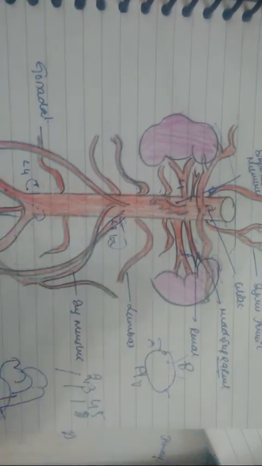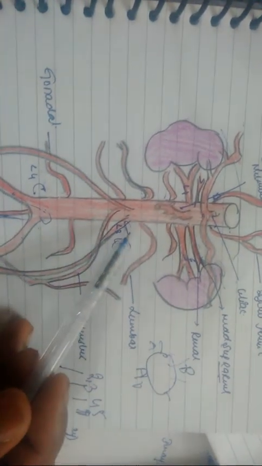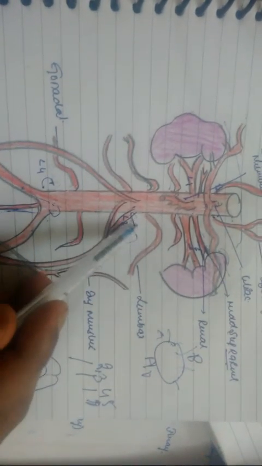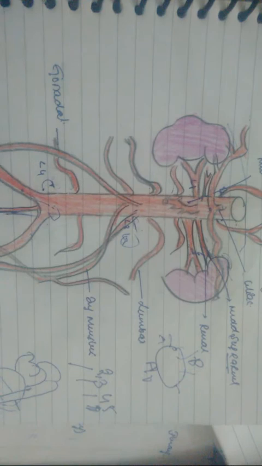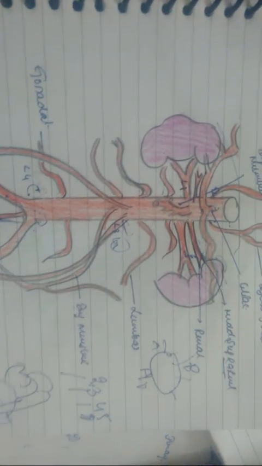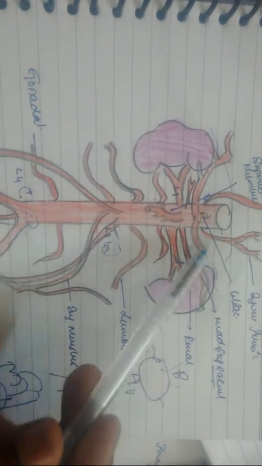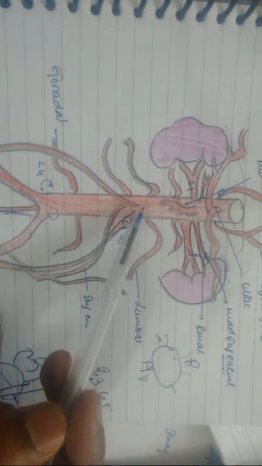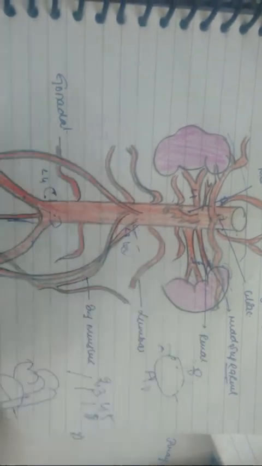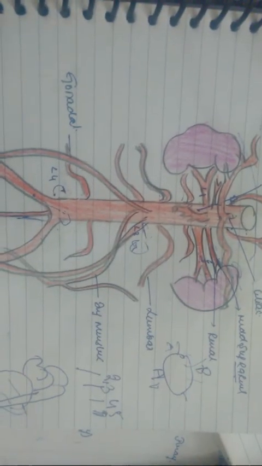And the other branch you have to understand here is the inferior mesenteric artery, which gives a branch at the level of L3. You have understood that the celiac trunk supplies the foregut, the superior mesenteric artery supplies the midgut, and the inferior mesenteric artery supplies the hindgut.